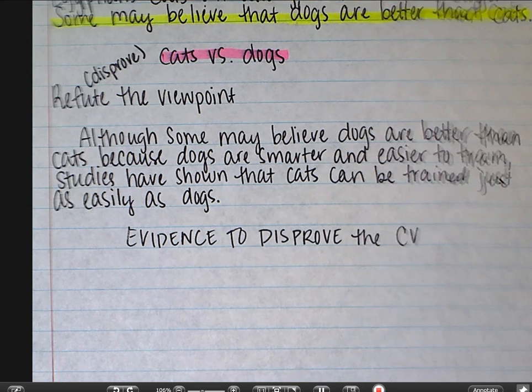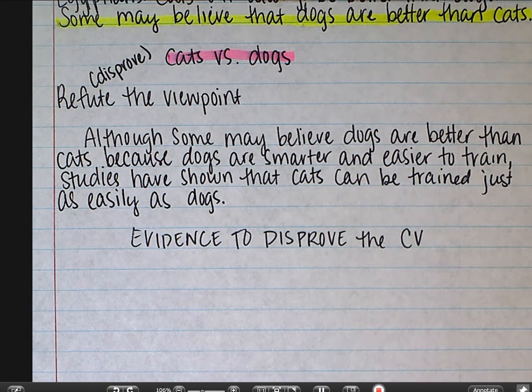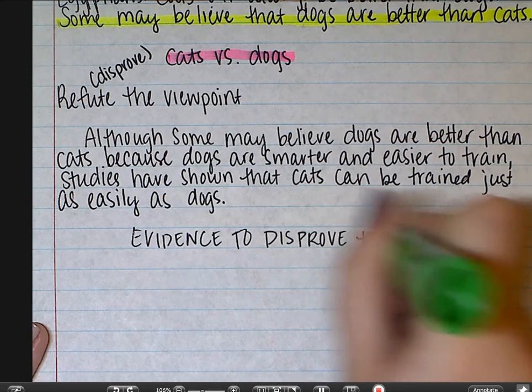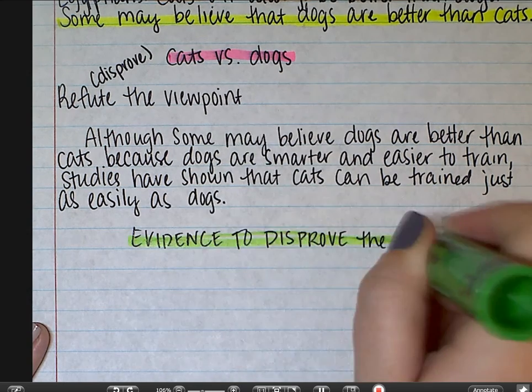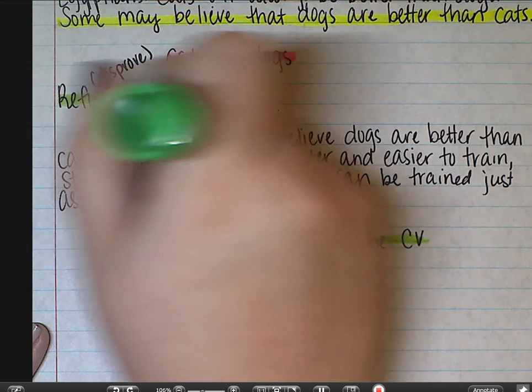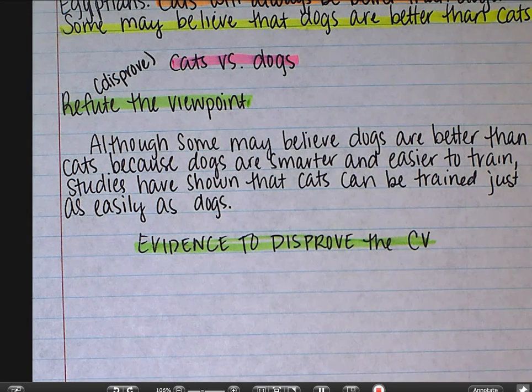And I'm going to highlight that in green, and then this up here in green. So if we are refuting the viewpoint, we are providing evidence, or basically finding the flaws in that argument.